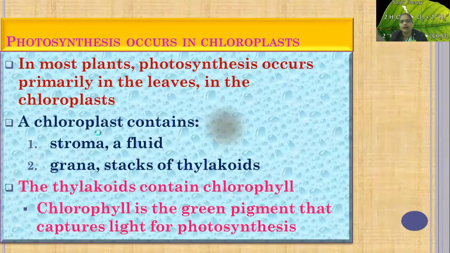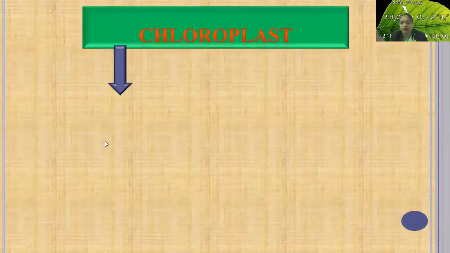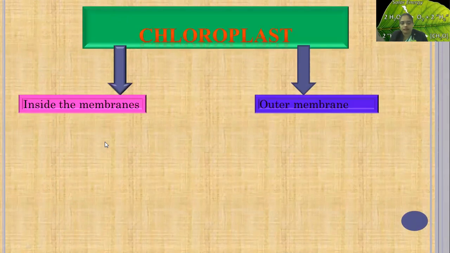Look at what the chloroplast is here. We saw what the chloroplast is like: a self-replicating cell organelle made up of an inner membrane and an outer membrane. Why is it known as a self-replicating cell organelle? Because it has 70S ribosomes for protein synthesis and DNA with the power of replication, meaning a semi-autonomous cell organelle.